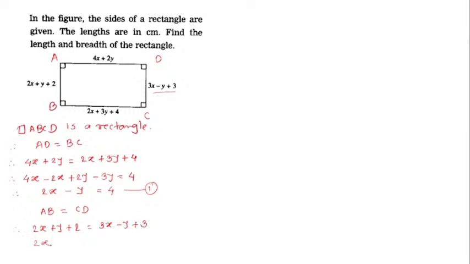So here 2x, taking 3x here, it becomes minus 3x, plus y, taking minus y to this side, it becomes plus y, is equal to 3, and this 2 we take to the right hand side, so plus 2 becomes minus 2. So the equation would be 2x minus 3x, that is minus x, plus y plus y, that's 2y, is equal to 3 minus 2, 1. So this is equation number 2.